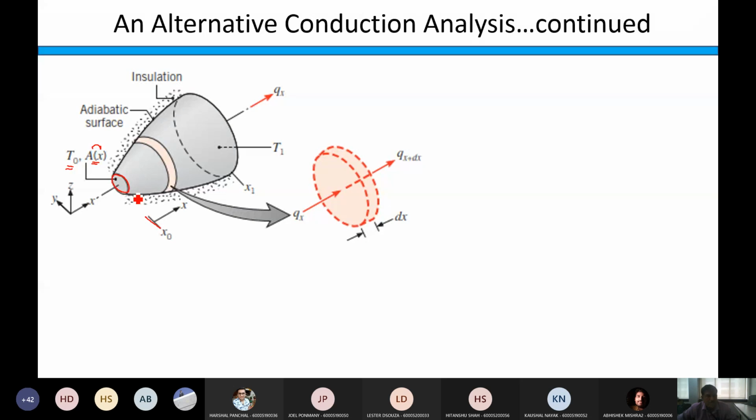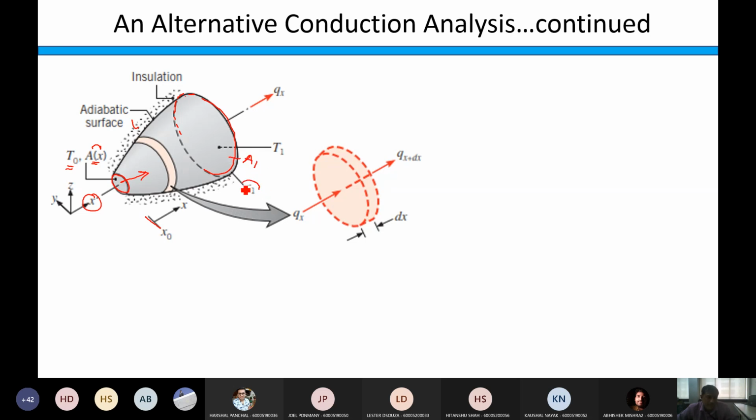And the outer surface of this geometry is insulated, so it is an adiabatic surface. So typically the conduction will take place in this direction only, along x. Are you getting my point or not? So this peripheral area is insulated, and we have the second phase here, whose area you can call area A1, right?